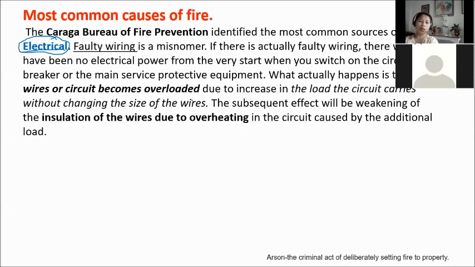So kung yun ay maraming load, maraming isasaksak doon na wire, that can cause overload, no? So una ma-melt yung cover niya, then mapagmula ng fire. So the subsequent effect will be weakening of the insulation or insulator of the wire due to overheating, no? And can cause additional load. Okay, again, sa electrical, pwedeng faulty wiring, pwede na mga octopus connections, mga overloading.